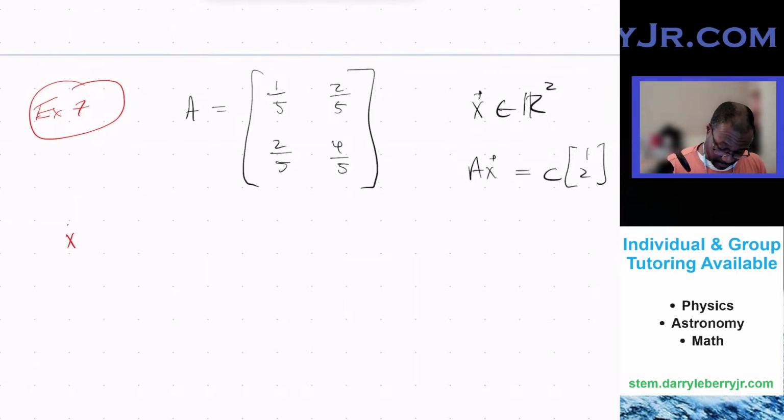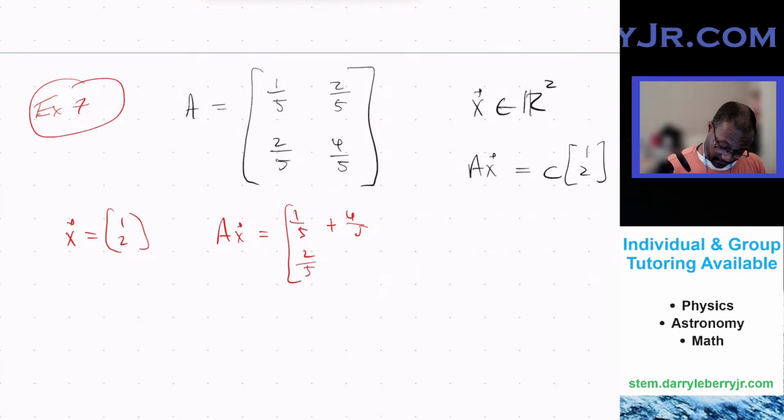If x equals 1, 2, Ax equals 1/5 plus 4/5 and 2/5 plus 8/5, which equals 5/5 and 10/5. So that equals 1, 2.